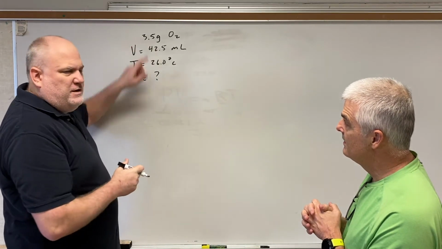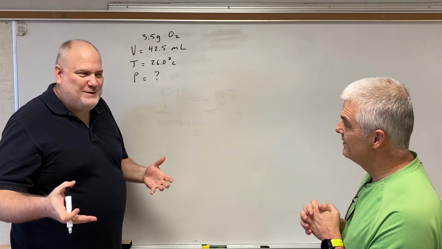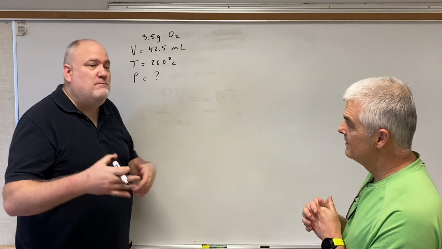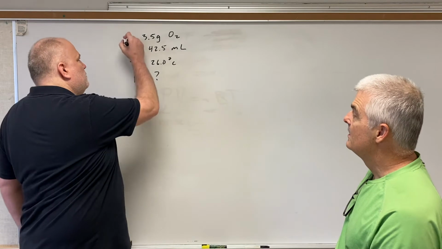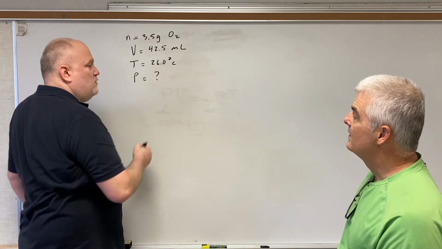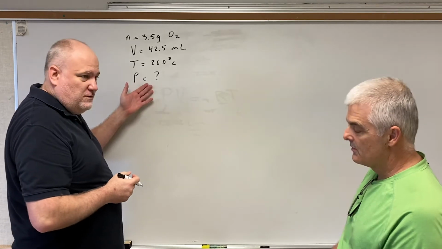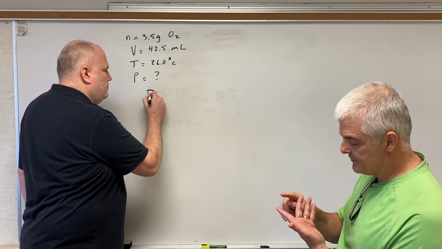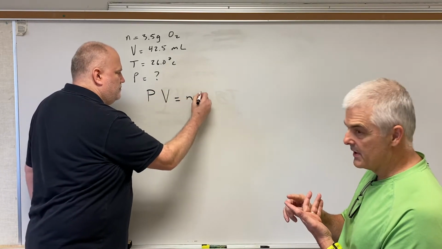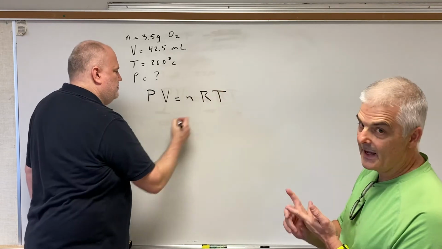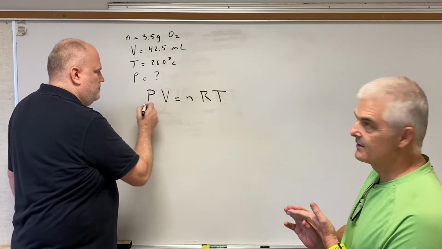He said grams here, and if you remember before, we never use grams in our problems. It's almost like a reflex. Moles. As soon as we have grams, this somehow is going to have to give us our moles, because they're giving us 3 of 4 variables, and they're asking us to solve for the 4th. It's PV equals nRT, and remember, it's got to be in liters, atmospheres, moles, and Kelvin, and actually none of these are in those.